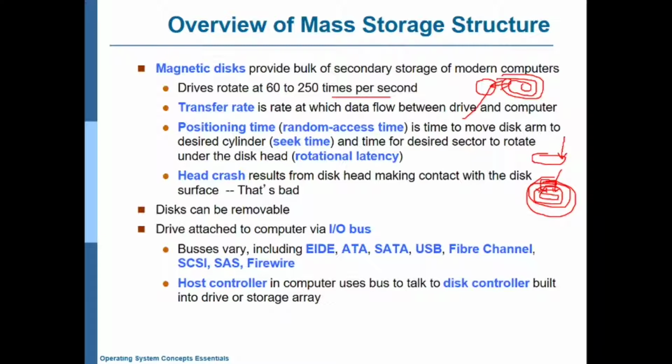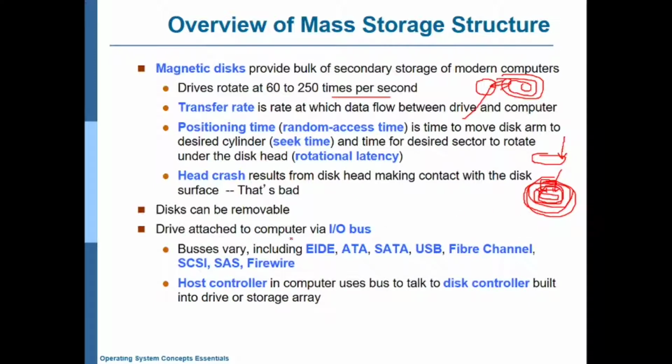If it moves in a circular motion, the head won't crash, but if you keep moving the head arm from one position to another, it can crash. Disks can be removable. Obviously, in the drive the disk can also be removed. You can see the secondary storage memory is a removable disk.